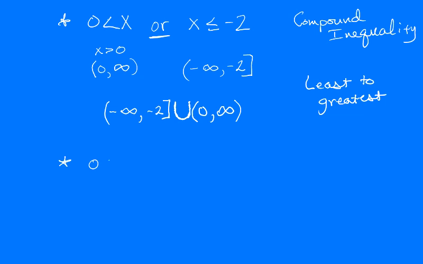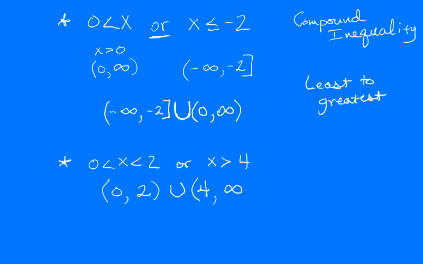So if you had something like 0 is less than x less than 2, or x is greater than 4, this could also be using the union. So you have a bounded interval, which is also considered an "and" inequality. So 0, 2 joined together with x is greater than 4, 4 to infinity.